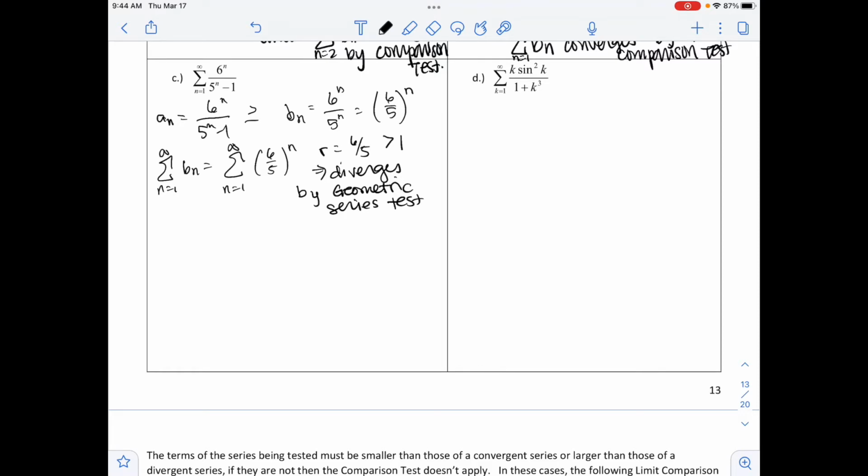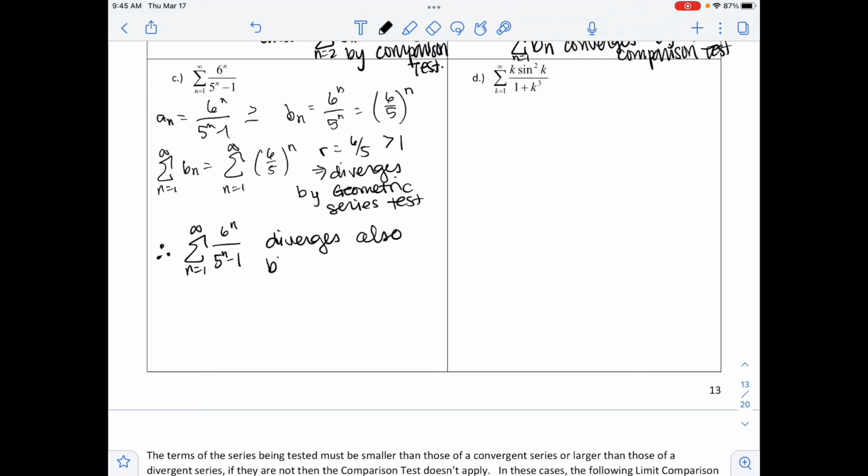And so from here, we can look at this and notice that since b sub n is going to diverge and a sub n is greater than or equal to b sub n, as stated up above by the comparison test, we can say that the series that we have, the original one, is also going to be divergent. So therefore, the sum from n equals 1 to infinity of 6 to the nth over 5 to the nth minus 1 diverges also.